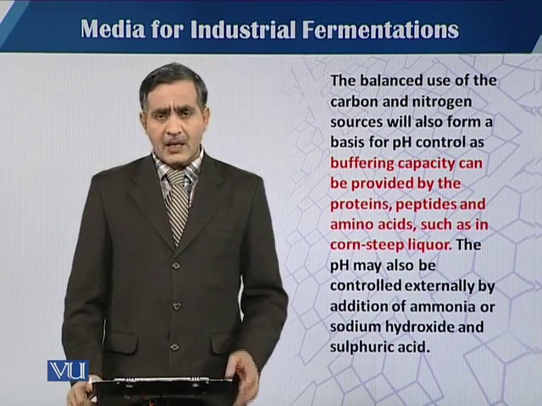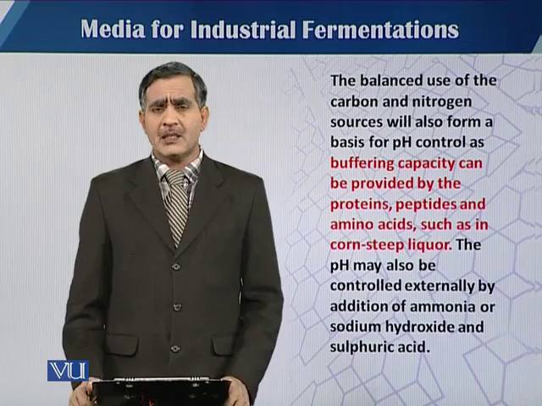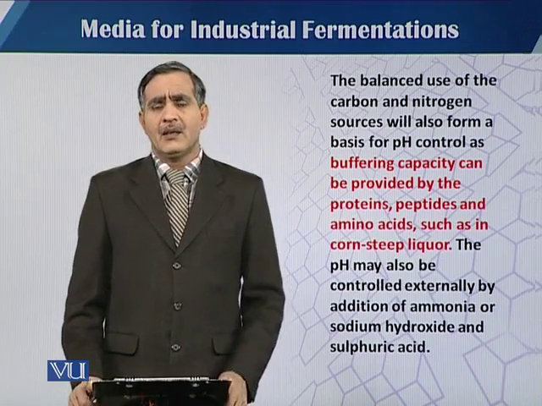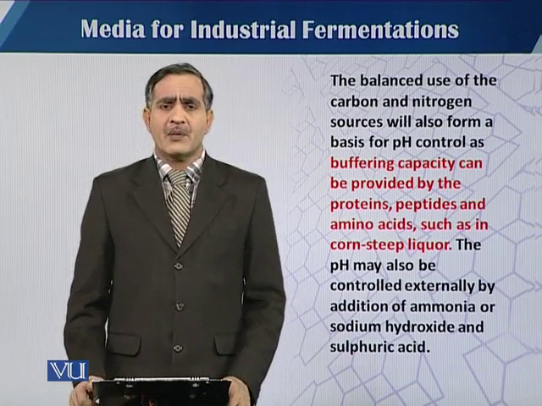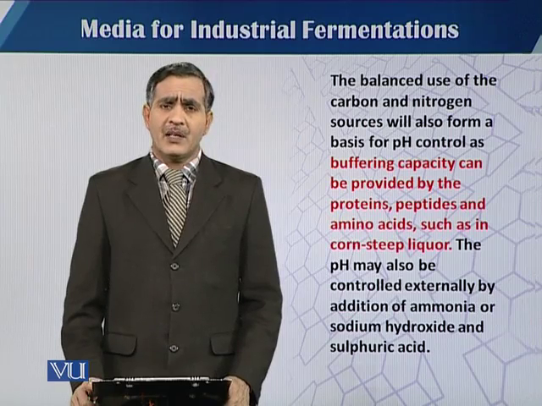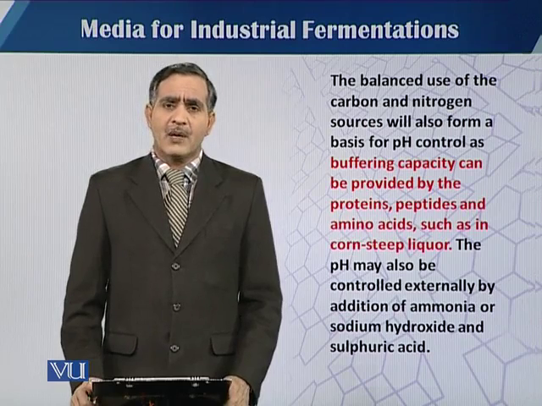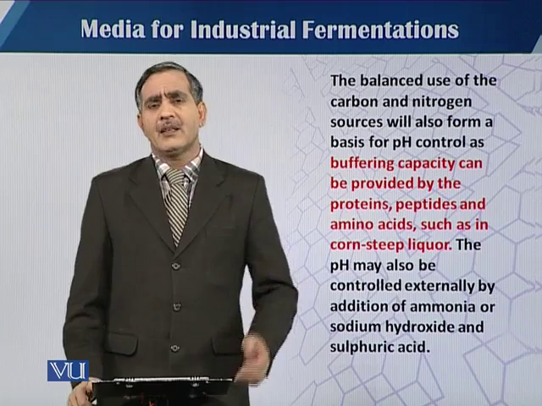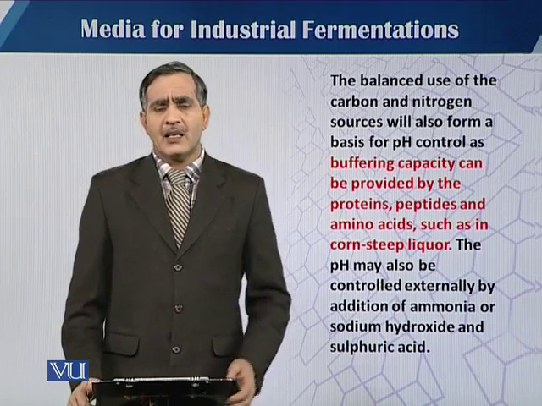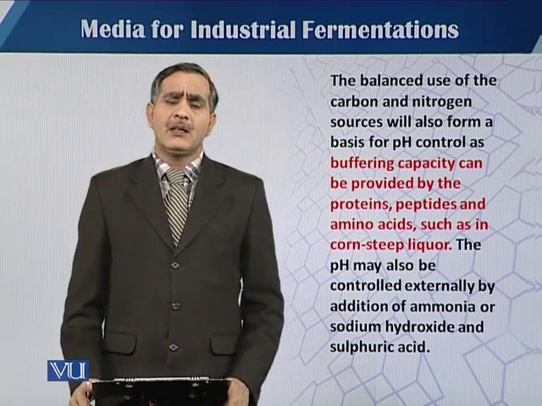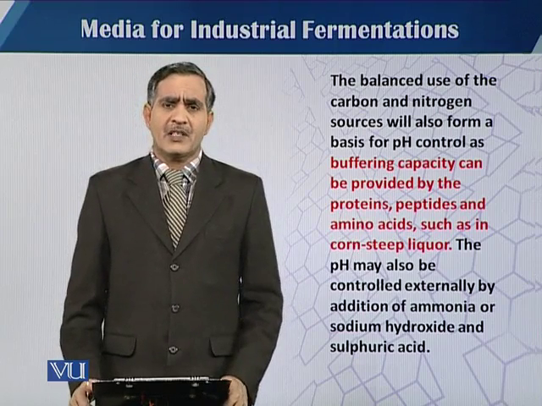If we can control the pH without adding extra alkali or acid, through the internal system of the fermentation process, that is more important and leads the fermentation in a positive way. Otherwise, adding alkali or acid into the medium can increase the volume of the fermentation media.